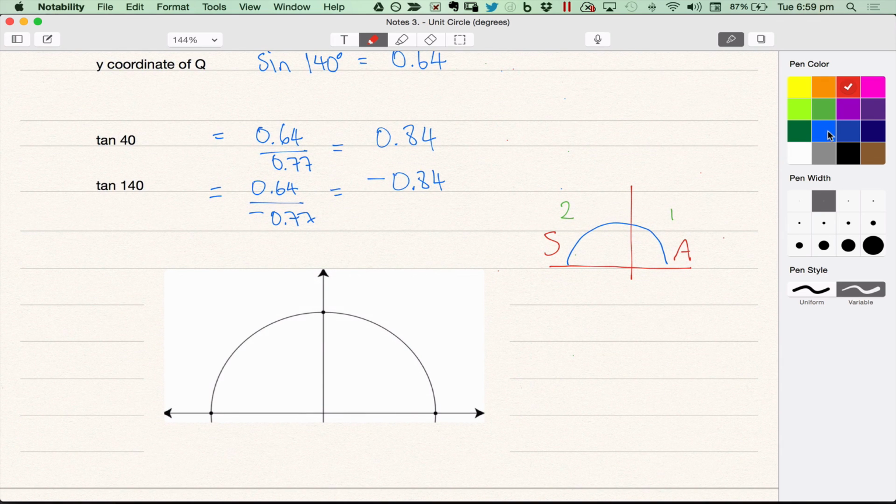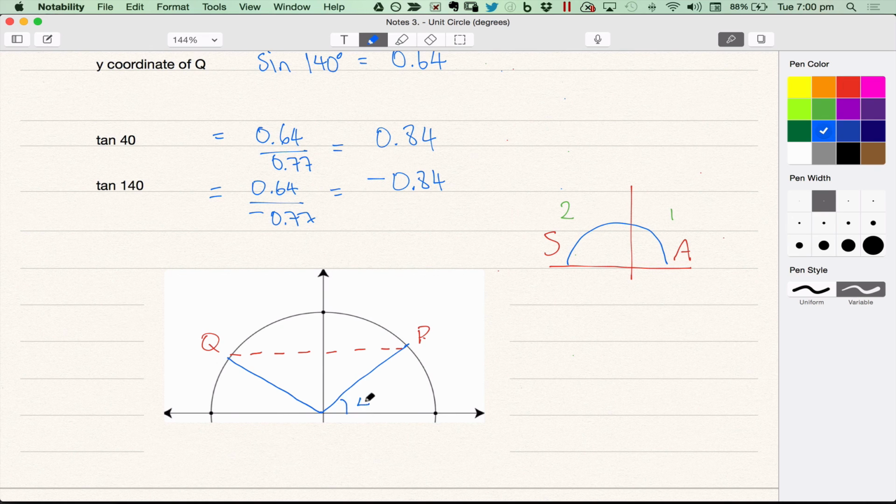Something else we can notice happening. I'll put my P and my Q back again. And ideally, if you're drawing this as well, you want to make them so they are directly across from each other.